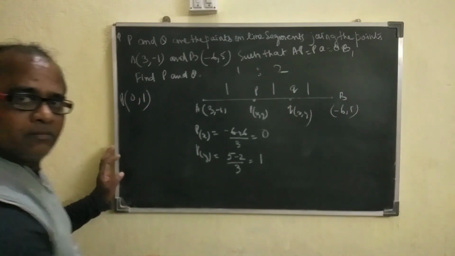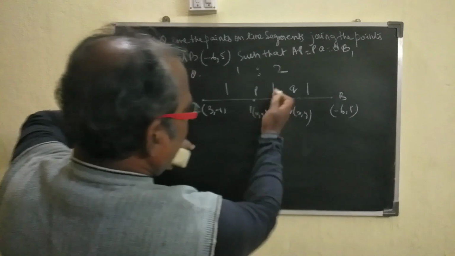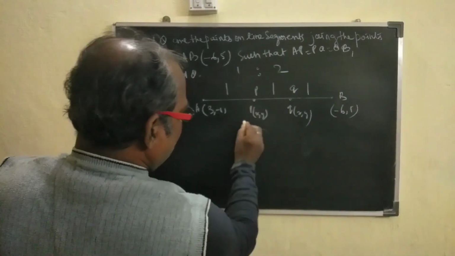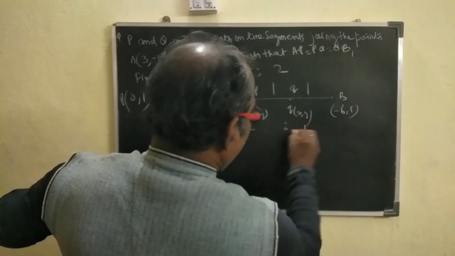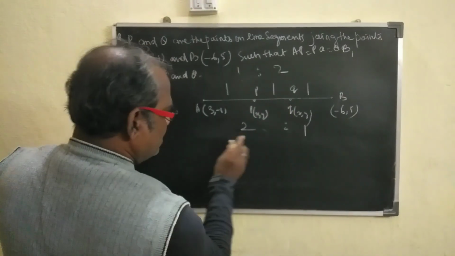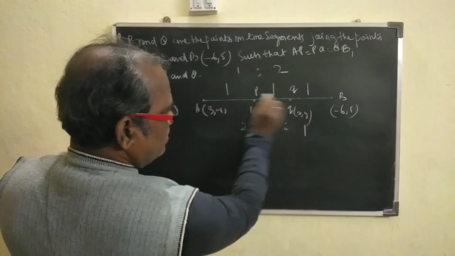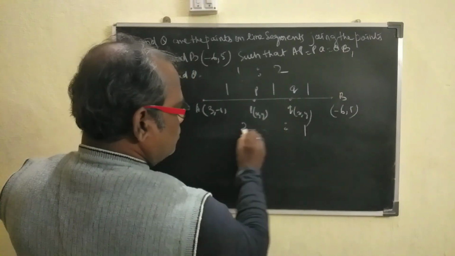Did you understand? Now when we find the point Q, we must forget the point P, then it becomes a 2:1 ratio. From here to here it is 2 and here it is 1. So 2:1.